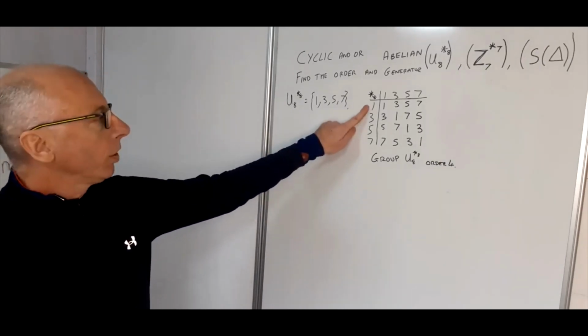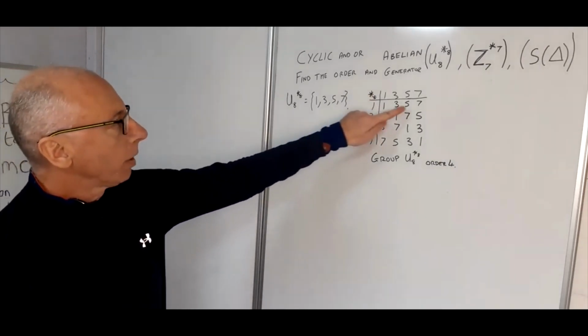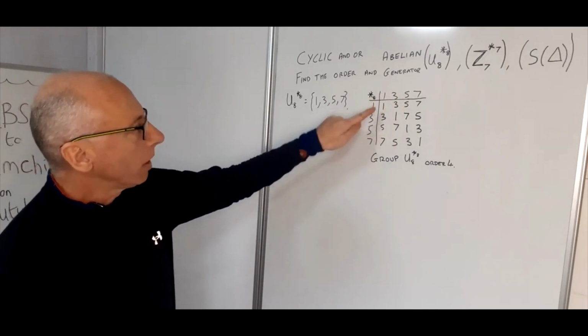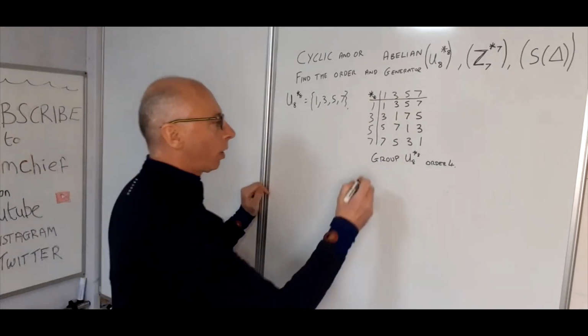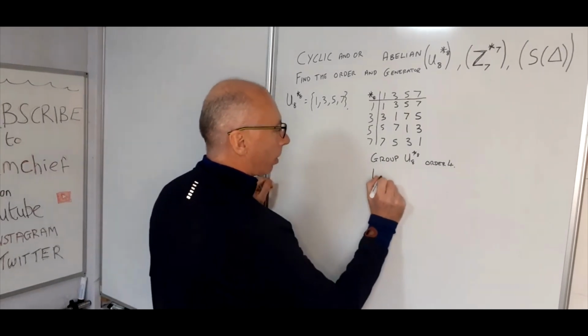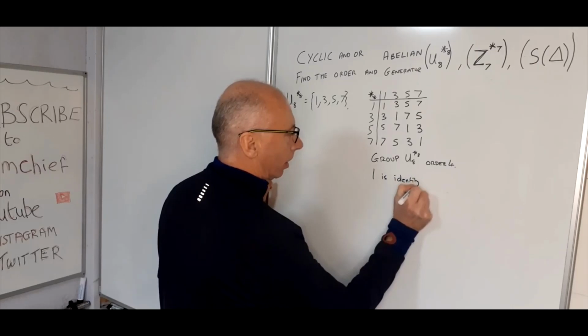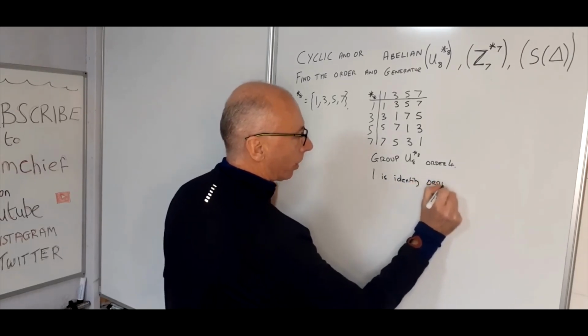Okay, 1 is the identity element. We know it's the identity element because the outside is repeated inside the table. So 1 is the identity, and this is order 1.